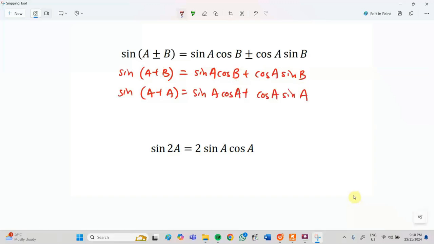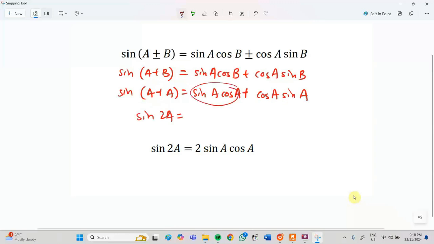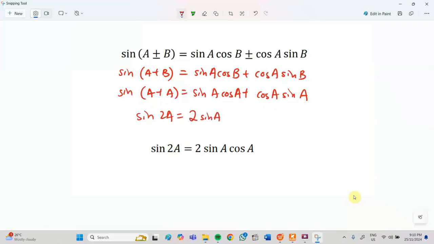So this equals sine 2A, whereas sine A times cosine A is actually equal to cosine A times sine A. So it means that we have two of the same terms. Hence, we have 2 sine A cosine A.